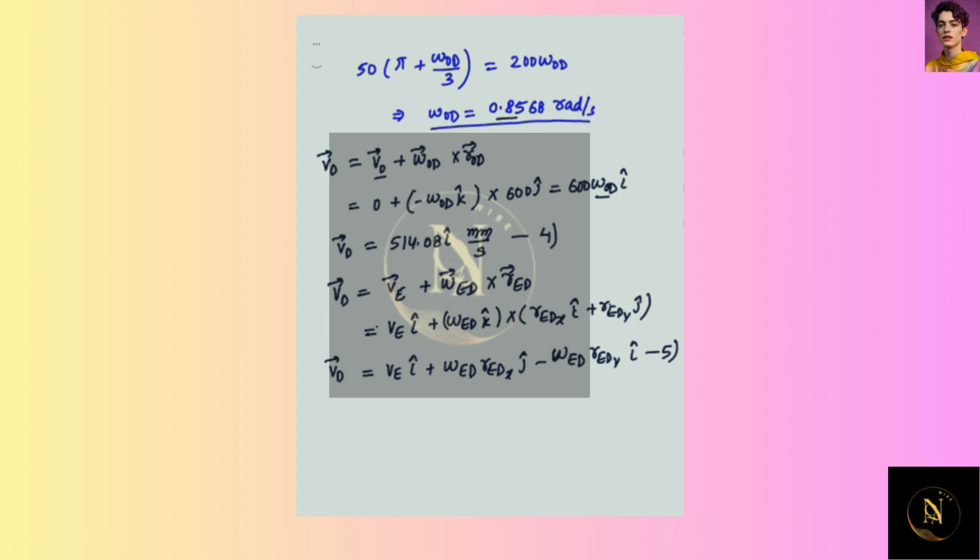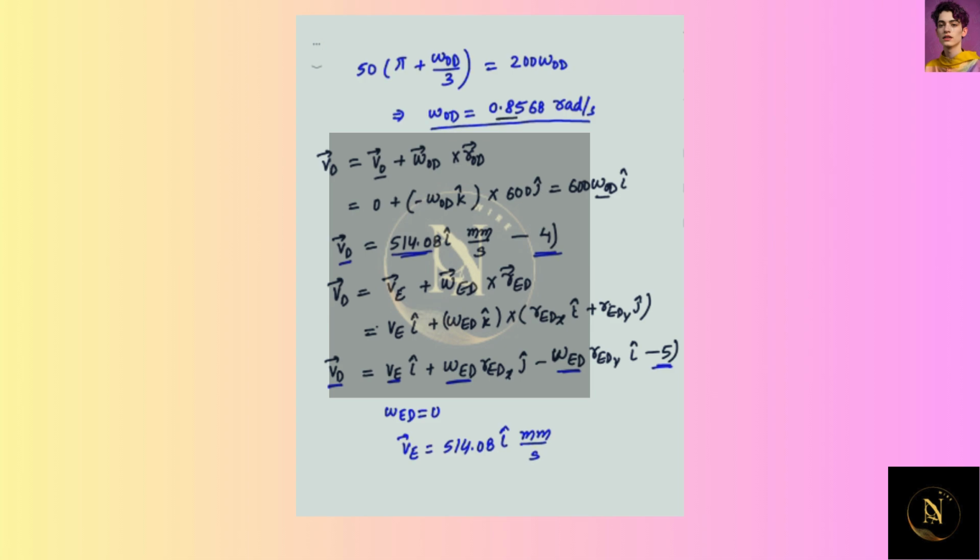Now the only way expressions 4 and 5 can be equal is when omega ED equals 0. So omega ED equals 0, and we get V_D equals V_E. Since V_D is this value, V_E will be equal to this value, that is 514.08 i cap mm per second.